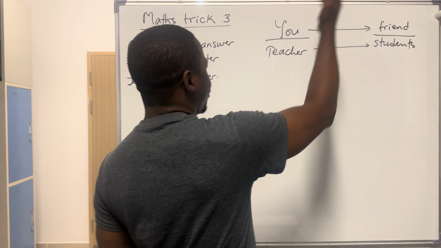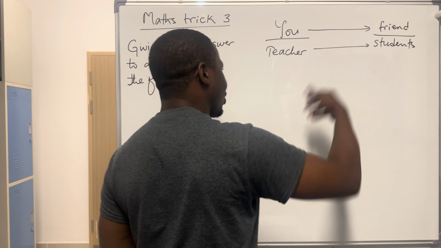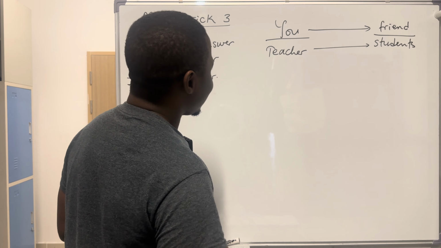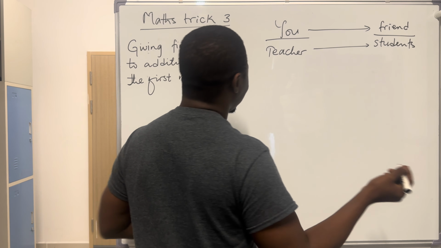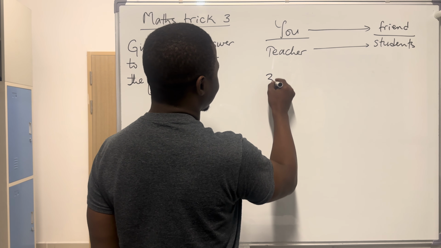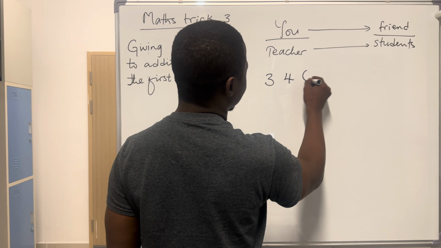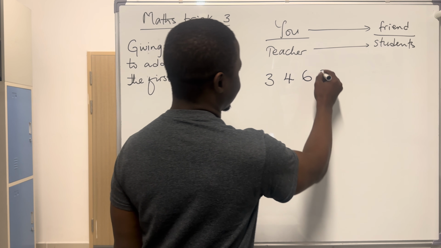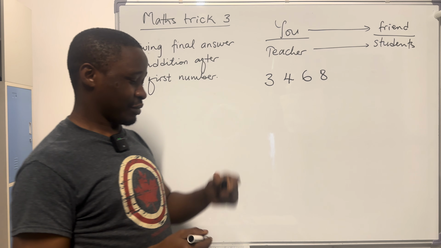Now, if you call your friend, or the teacher calls one of the students, the person comes and says, well, let the number be 3, 4, 6, 8. Okay.